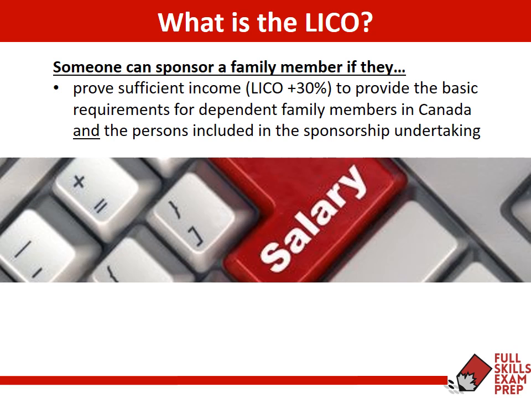Now here is one of the final pieces of the puzzle for you with regard to this program, and that is the LICO. So this plays a role in family class in general, but specifically with parents and grandparents. Basically, it's the amount of money that a person has to prove that he makes in order to support all of these people coming to Canada.